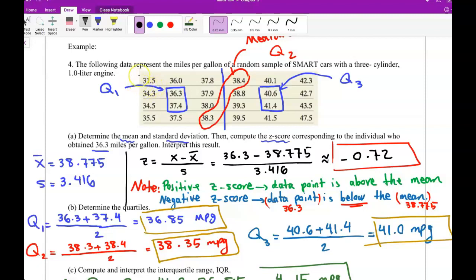The smallest data value is 31.5. This is not less than 30.625. But here we have 47.5 and our upper fence is 47.225. So this is obviously greater than the upper fence.